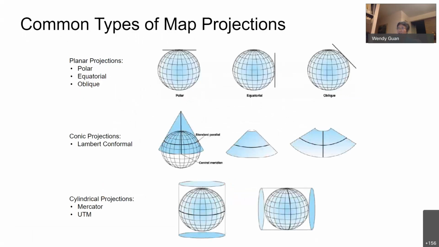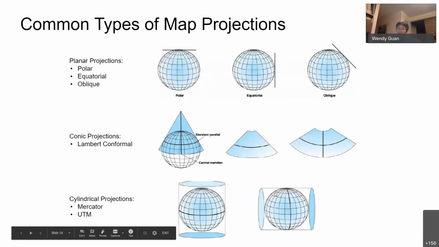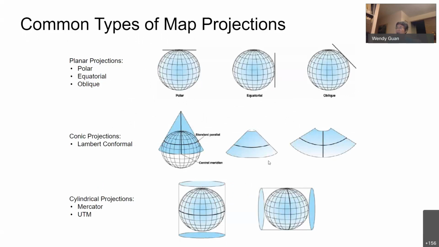Just talking about a projection quickly, here are the different ways that you could try to peel an orange, lay it on the ground flat and without wear and tear, and try to do that, right? What you can do is you can sacrifice some part of the Earth to preserve some properties for areas that you're most interested in.